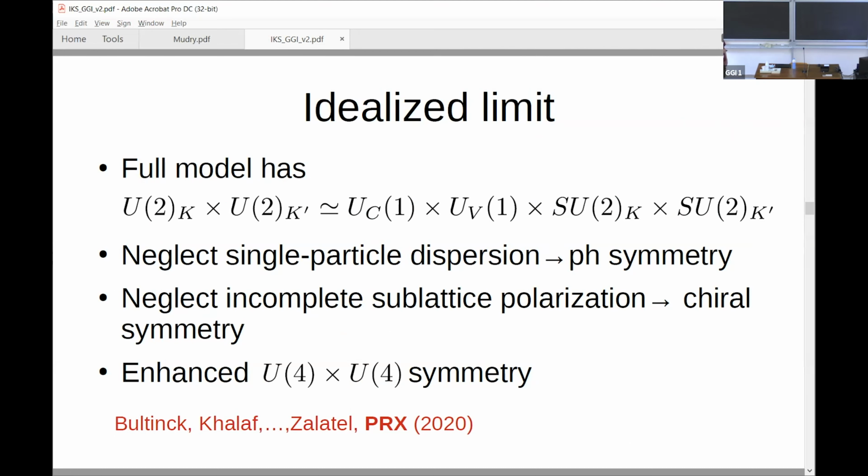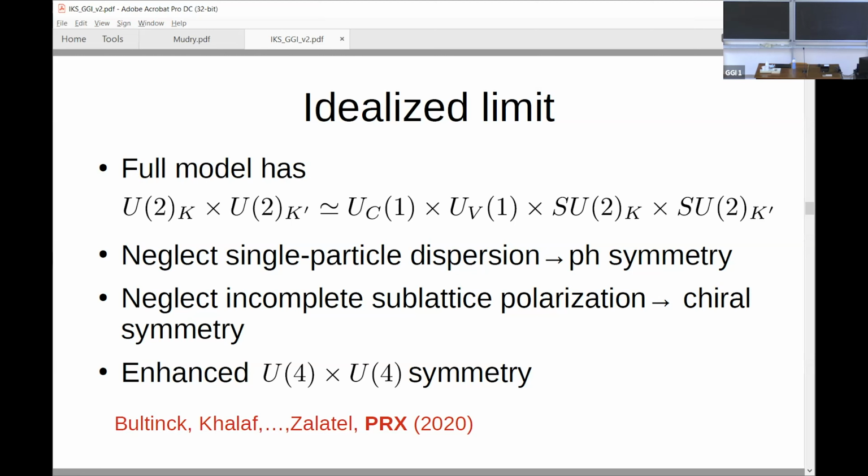So this is the full symmetry the model has, but now we're going to make two approximations which are going to enhance this symmetry class. First of all, we neglect the single particle dispersion. So we pretend that the bands are in fact completely flat, in which case we have particle-hole symmetry. And then we're going to pretend that the wave functions are completely sublattice polarized, which gives us a chiral symmetry as well.